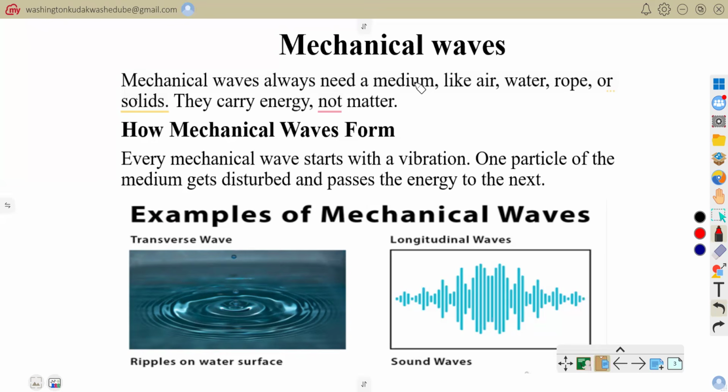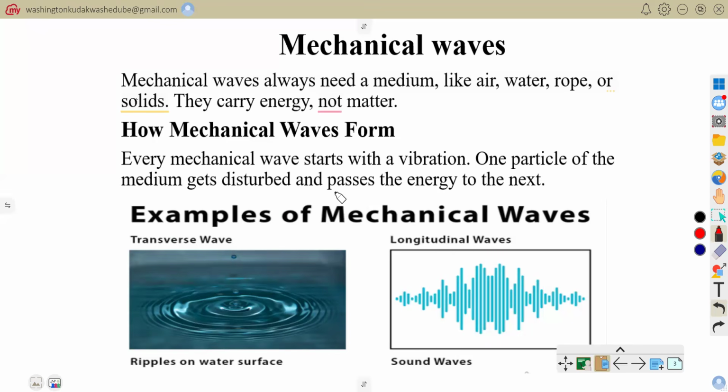And these media carry energy, not matter. So the particles of the medium transfer energy. How do mechanical waves form? Every mechanical wave starts as a vibration, which means that one particle of the medium gets disturbed through vibrations, and then it passes the energy of that initial vibration to the next.